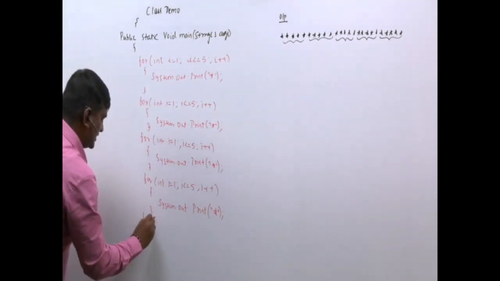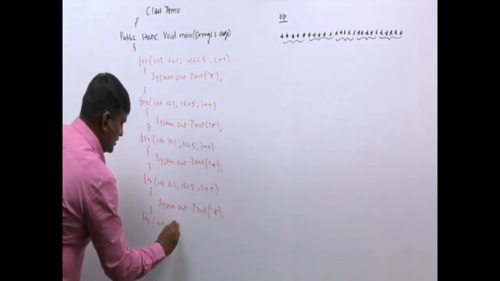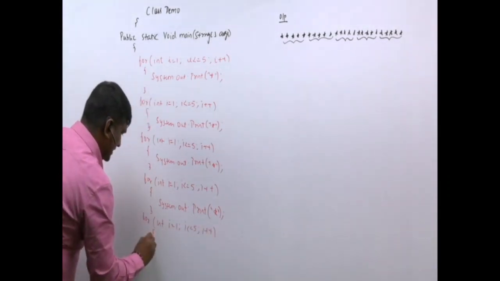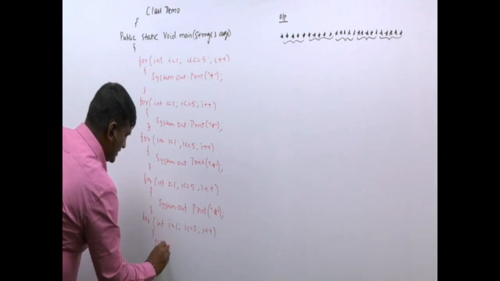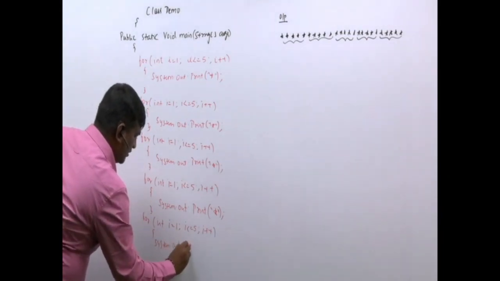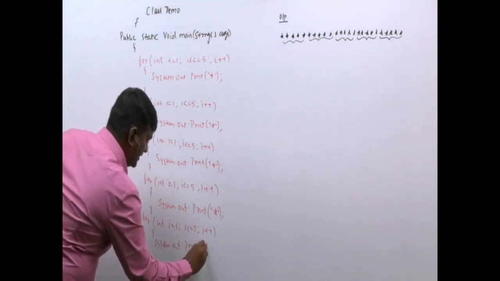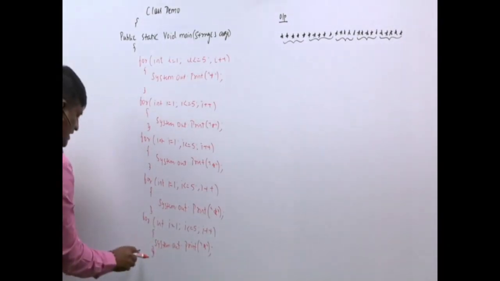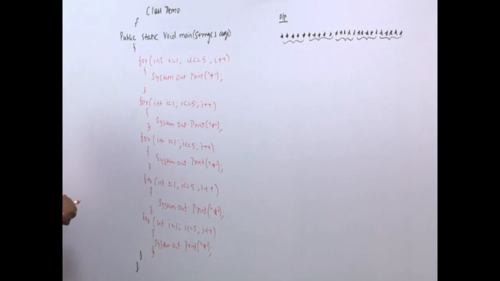And for the last time, int i equal to 1, i less than or equal to 5, i plus plus. Inside this, system.out.print star. This is the closure of the main method. This is the closure of the class.